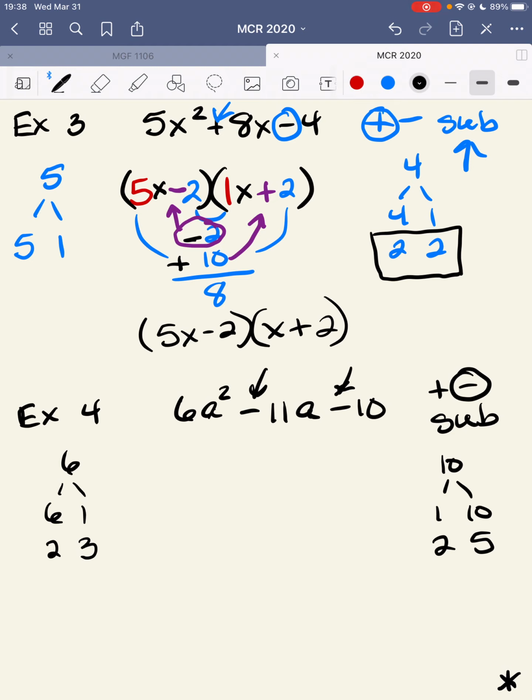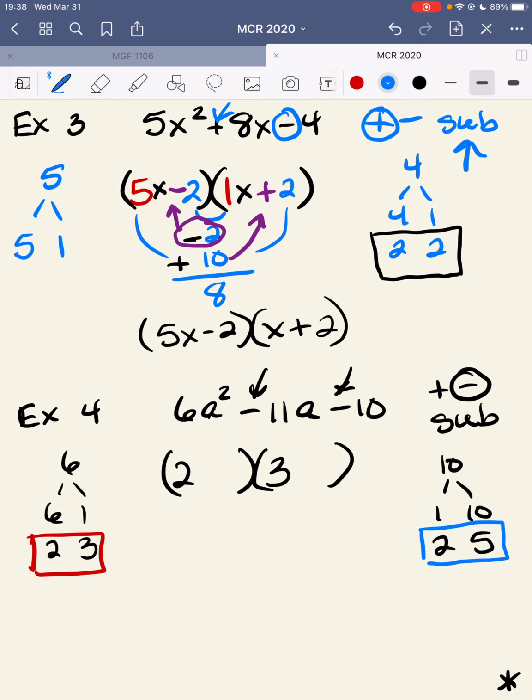So I'm going to go ahead and place these guys in my binomials, and they're going to stay there. Now I'm going to say, well, normally when they're close together, that should be my set. So I'm going to go ahead and try my 2 and 5.